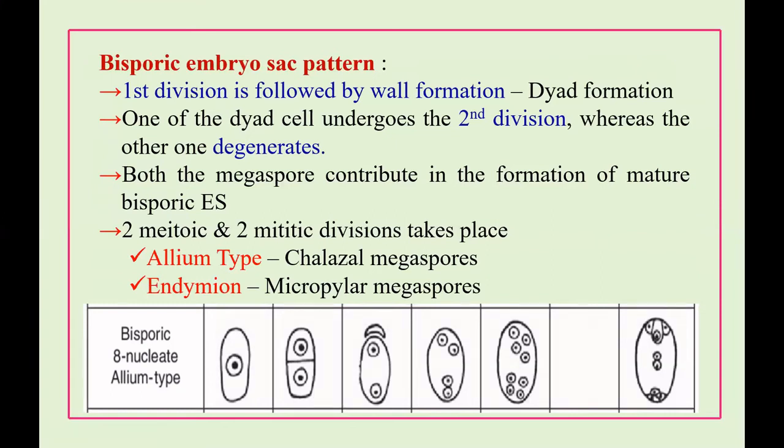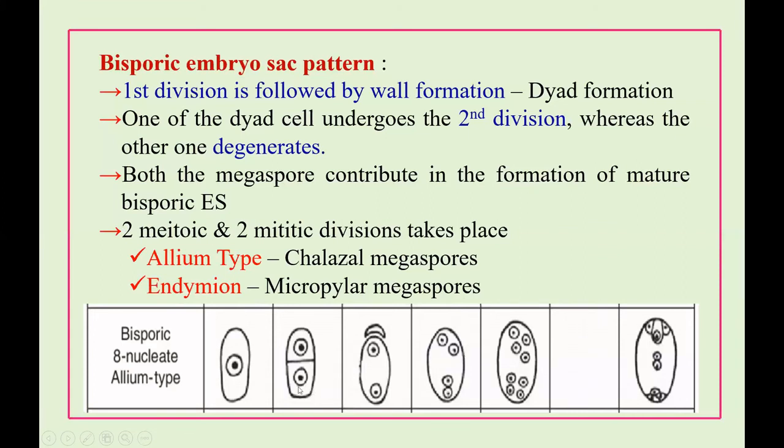And they undergo two meiotic and two mitotic divisions. In the bisporic type, two meiotic and two mitotic divisions take place. The meiosis occurs here. Here in megagametogenesis, two mitotic divisions occur, and the third mitotic division is totally absent.